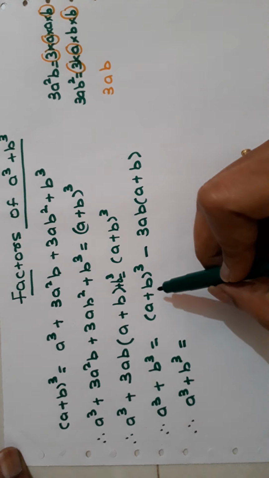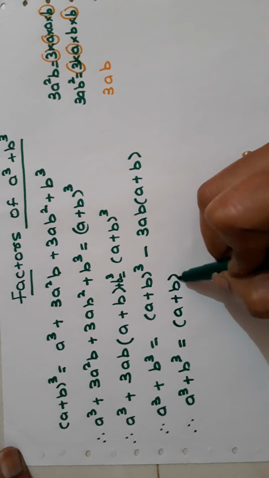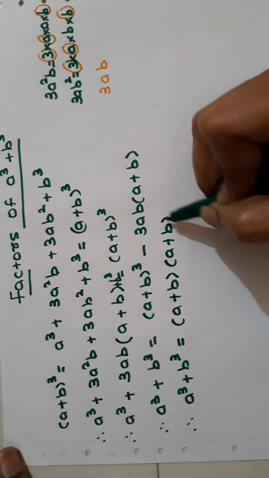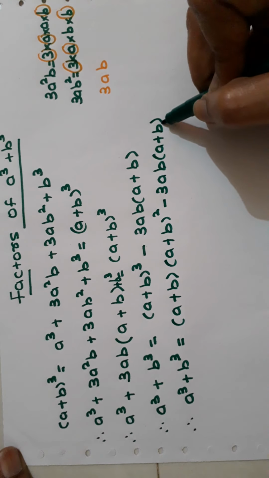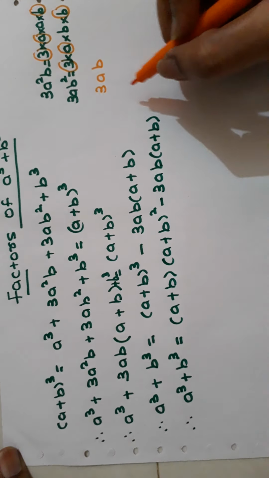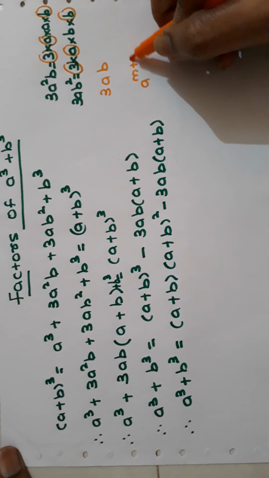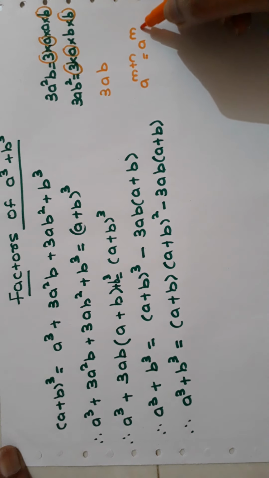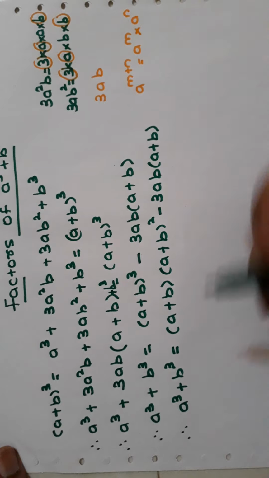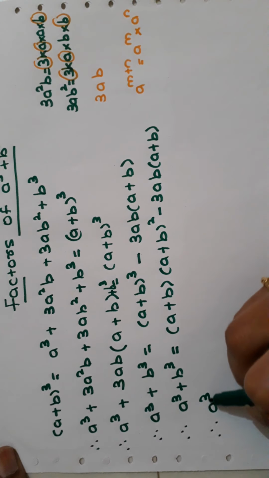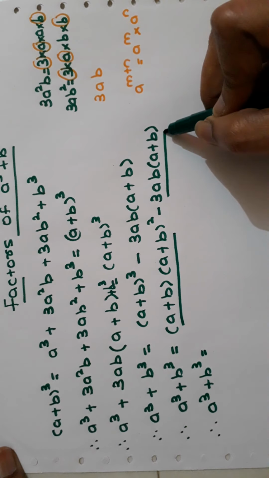By the law of indices, (a plus b) the whole cube is (a plus b) into (a plus b) the whole square, minus 3ab (a plus b). The law of indices, a raised to m plus n is equal to a raised to m into a raised to n. Therefore, a cube plus b cube is equal to, now in both the terms, (a plus b) is common.